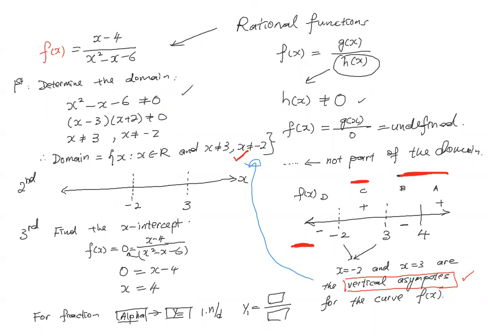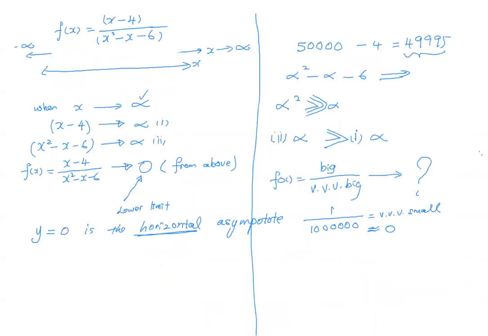Remember that. How to get the horizontal asymptote? We study what happens to the function when x approaches infinity, or in the other direction, when x approaches negative infinity.